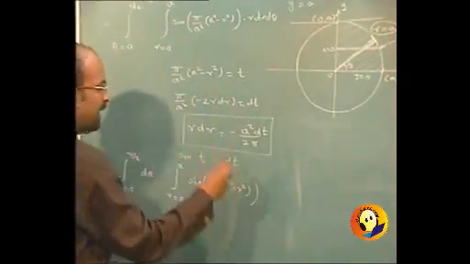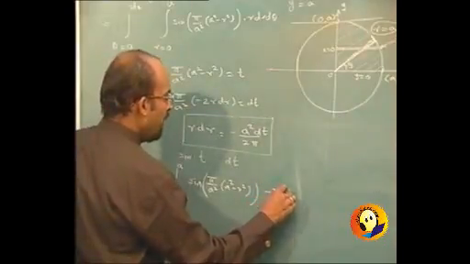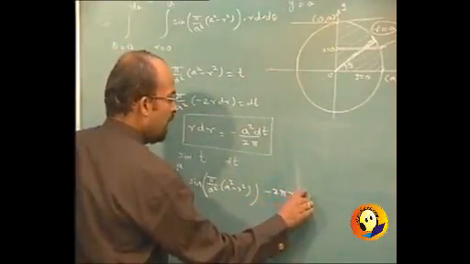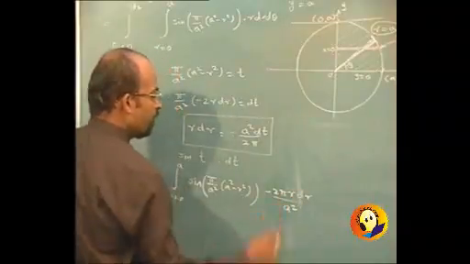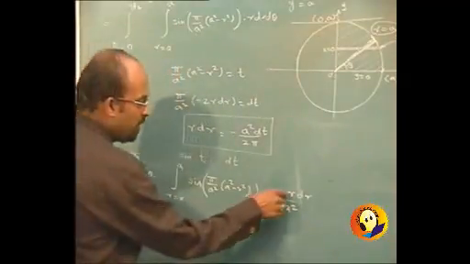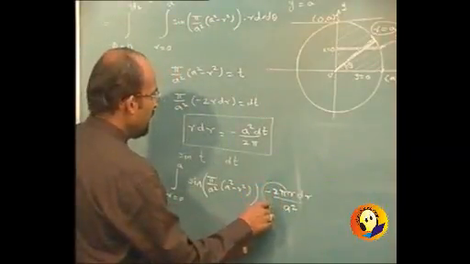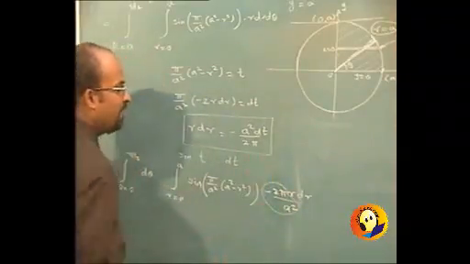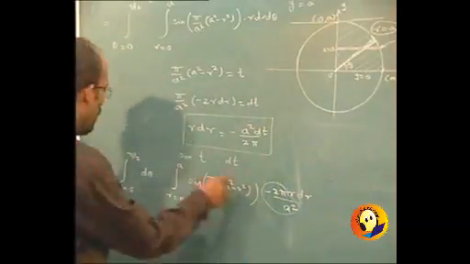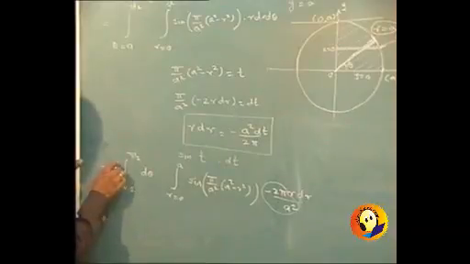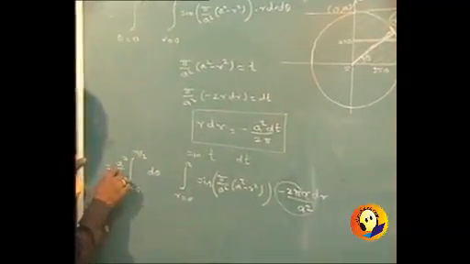I can straight away write it as minus 2 pi r dr upon a square, and I know that this particular term was not present. I have added that particular term, and so I will have to multiply outside by a square upon minus 2 pi.